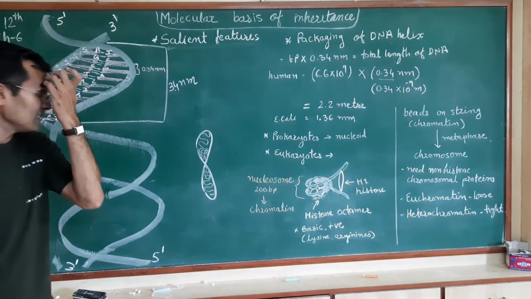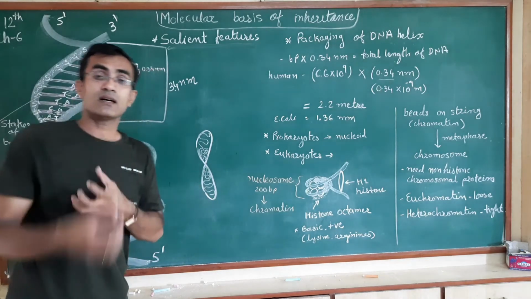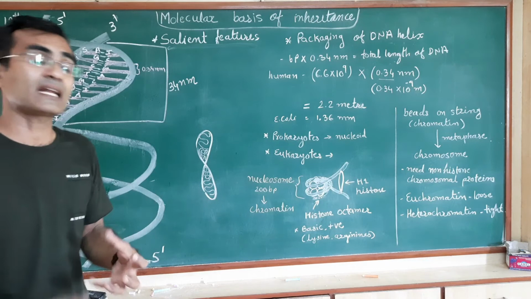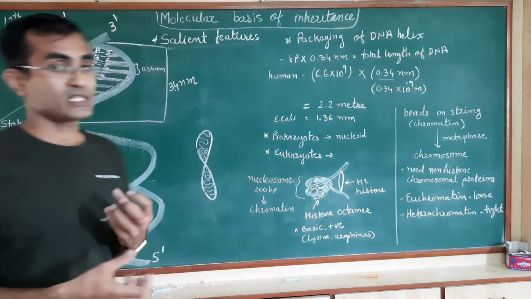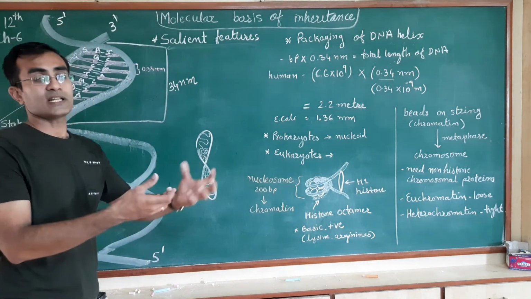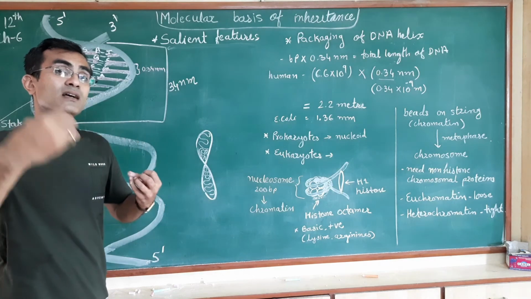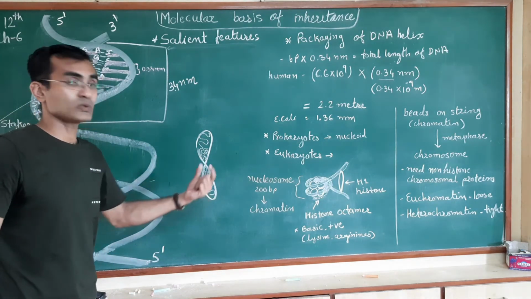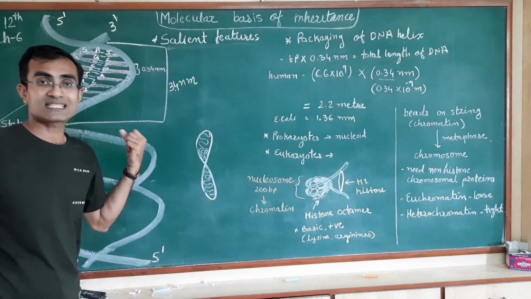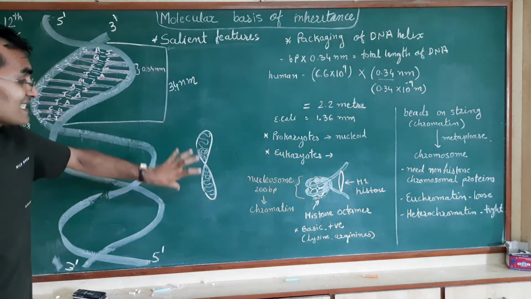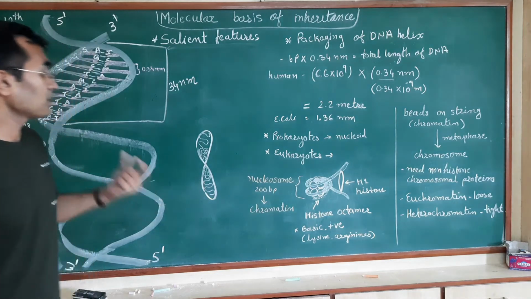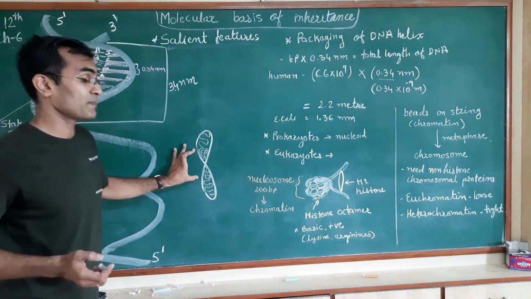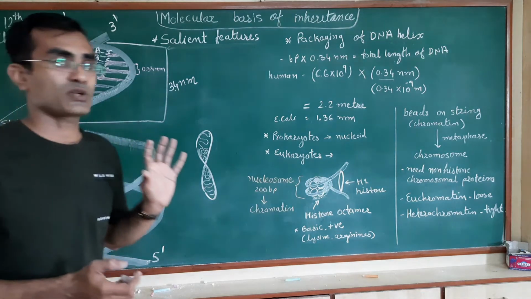Now what is the action of this DNA molecule? DNA is involved in the production of protein, basically by forming the mRNA. Making RNA from DNA is called transcription. Now if this part is more densely packed, this densely packed region is called the heterochromatin.